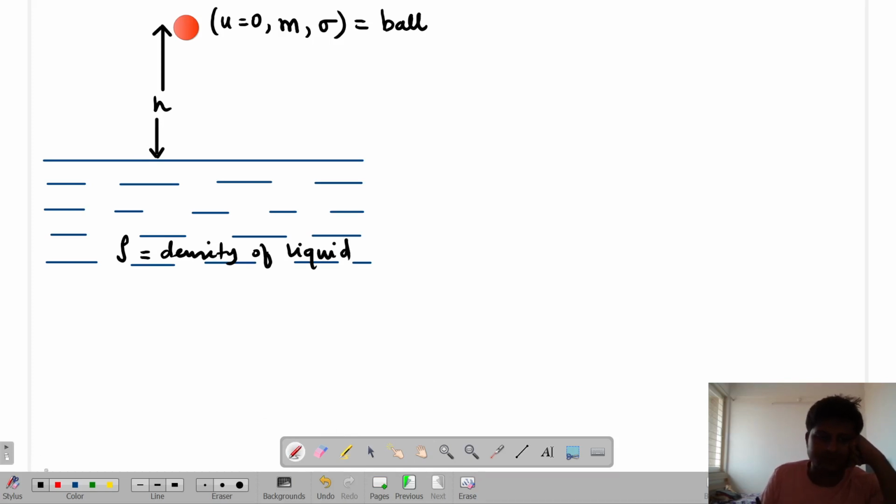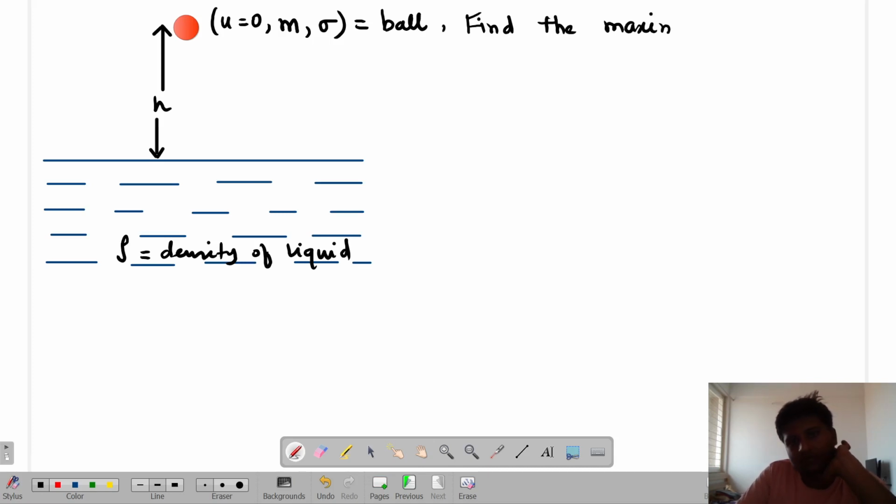The question is: find the maximum depth of the ball in the liquid.